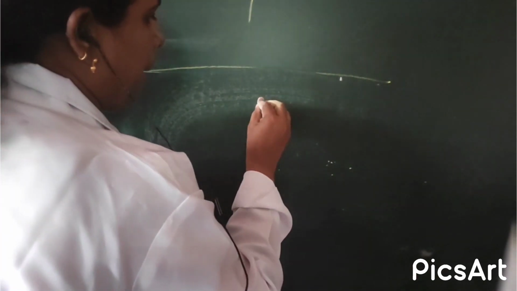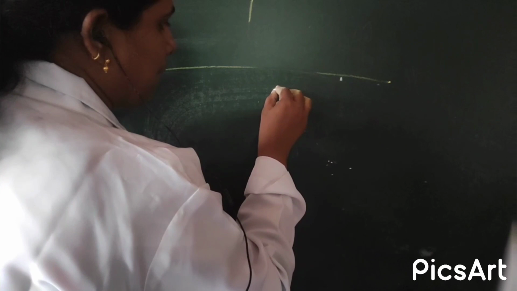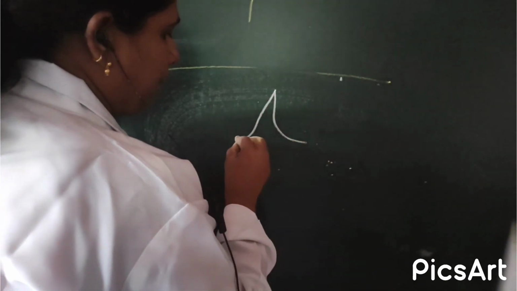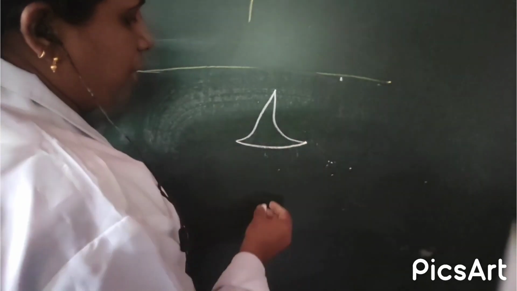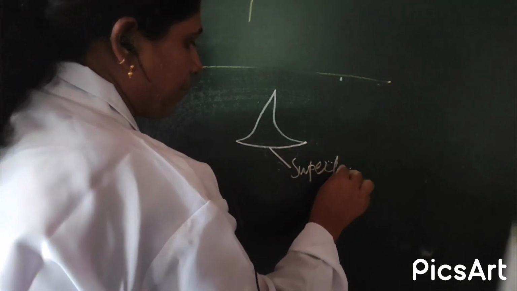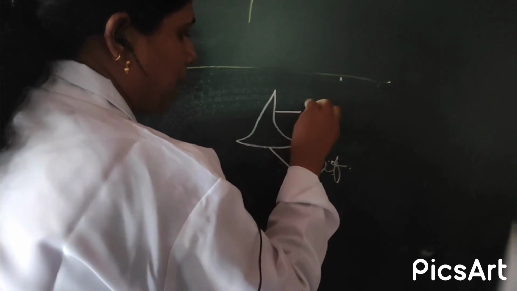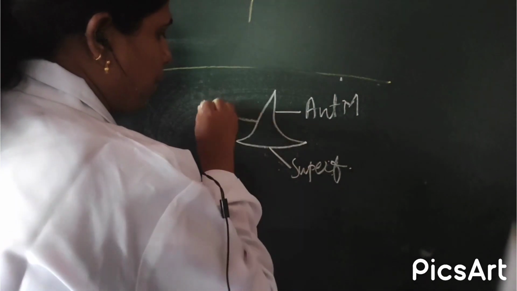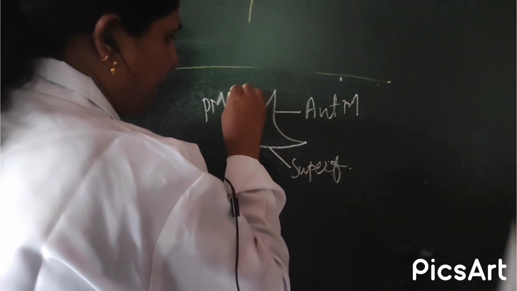The parotid gland can be seen with the posteromedial surface, the anteromedial surface and the superficial surface. This is the superficial surface, this is the anteromedial surface, and this one is the posteromedial surface.